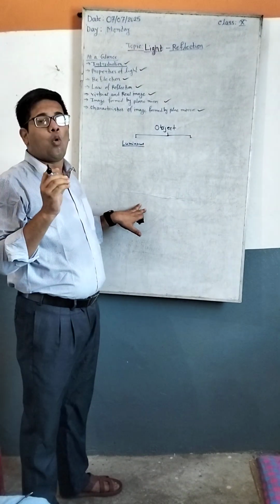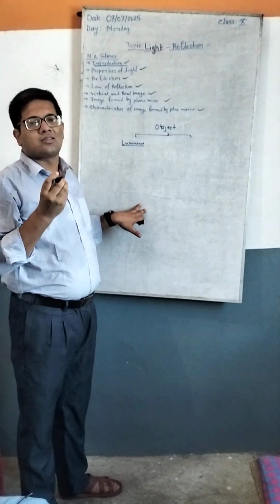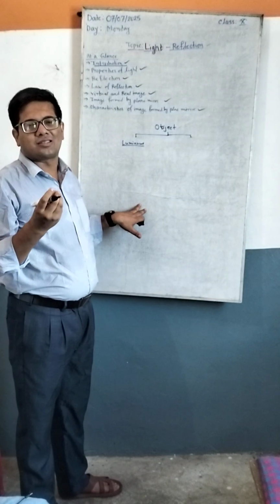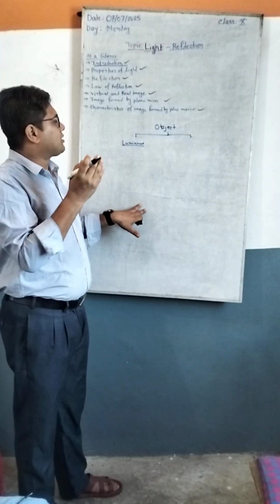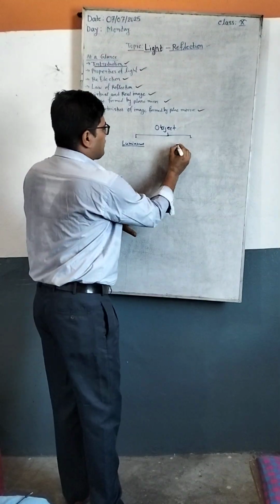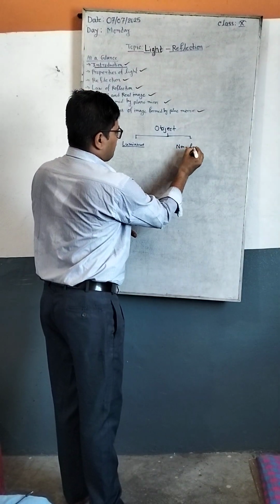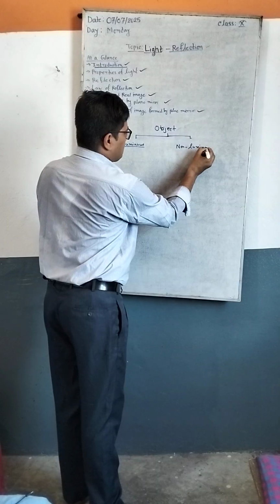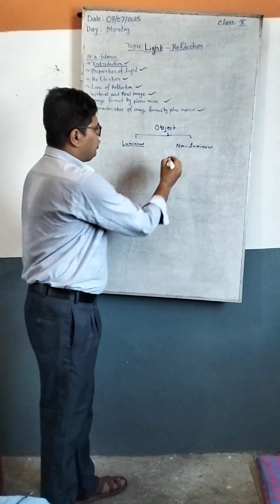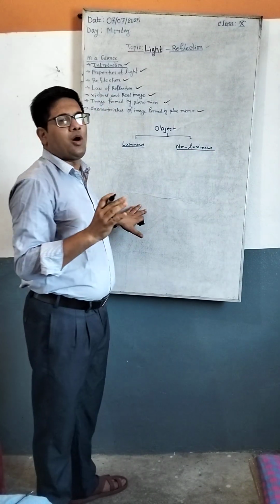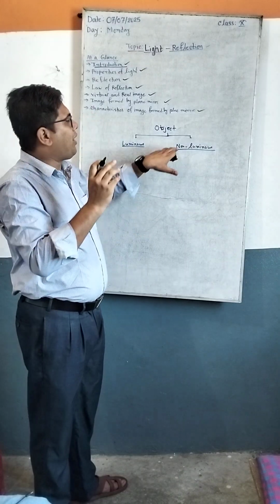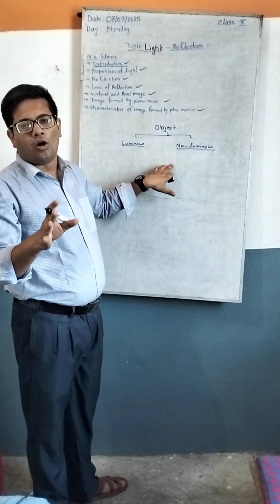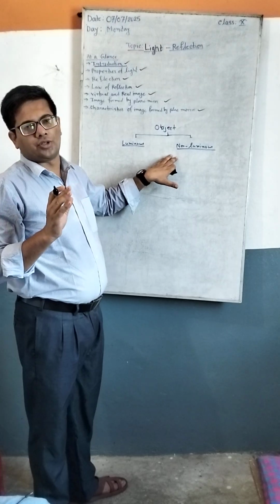Those objects that have their own light, like the sun, stars, candles, lamps. The second is the non-luminous object. Those objects do not have their own light. Examples: my marker, blackboard, chair, table are all non-luminous objects.